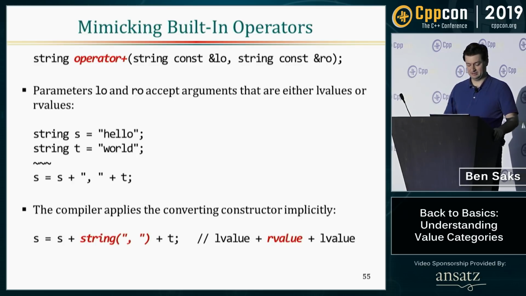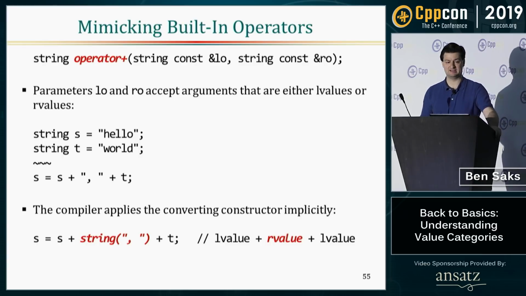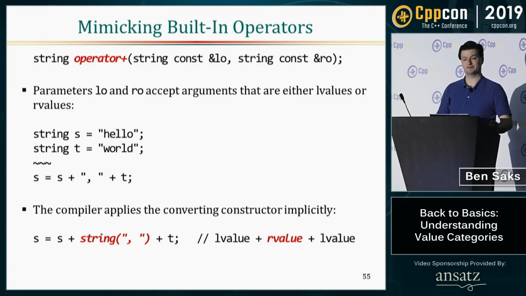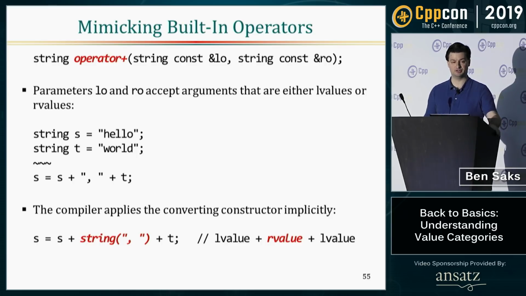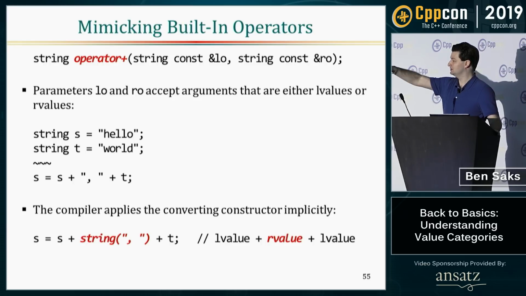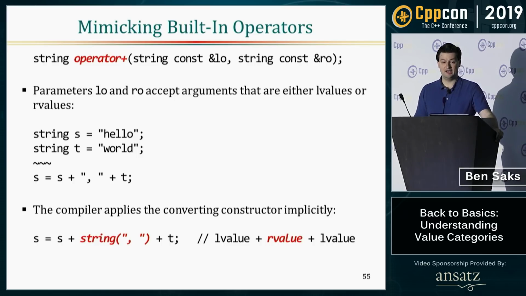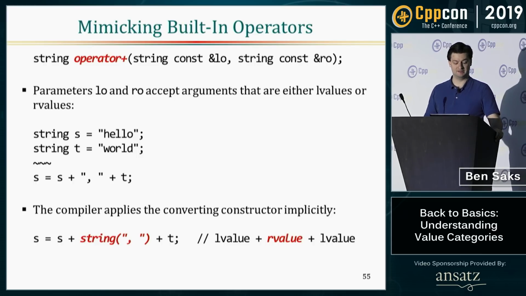It will see that that string literal can be treated as a pointer to constant character. We have a converting constructor from pointer to constant character into a string. So it will first apply the converting constructor there so that we have all operands of type string in that case. And the result of doing that conversion is that the string that's created is an Rvalue.